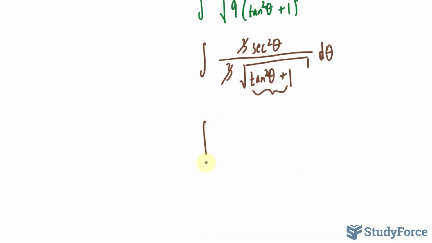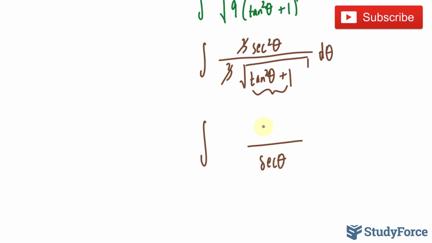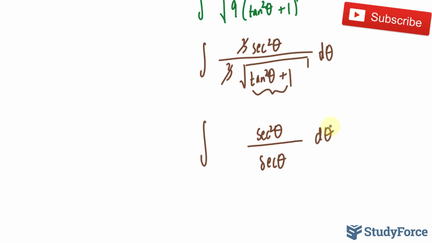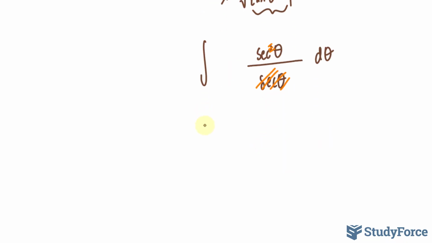So we're left with, in the denominator, simply secant theta, and at the top, secant squared theta d theta. We have two secants up here, one down here. This will cancel out with the one up there. And now we have to integrate secant theta with respect to theta.